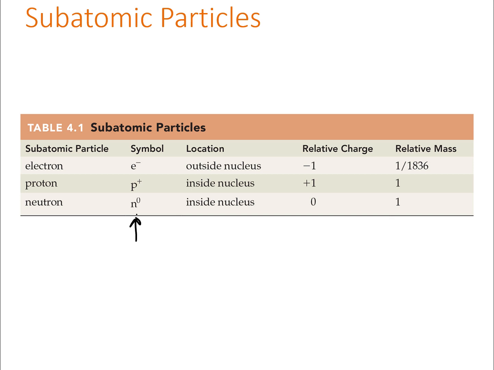The location of each of these particles is listed, and their relative charge. Electrons are negatively charged, protons are positive, neutrons are neutral. It's not rocket science. The final column is the relative mass. I don't require you to memorize this.